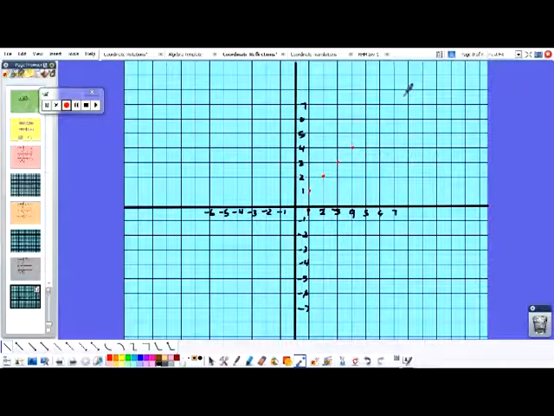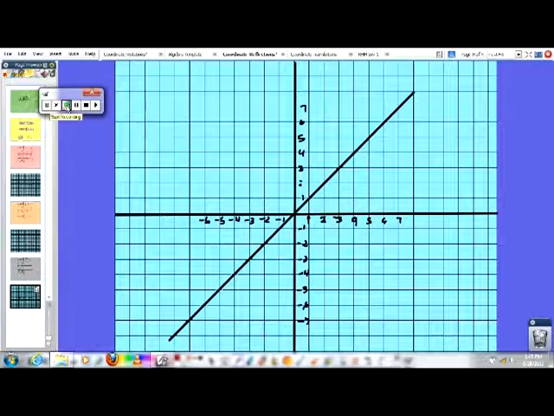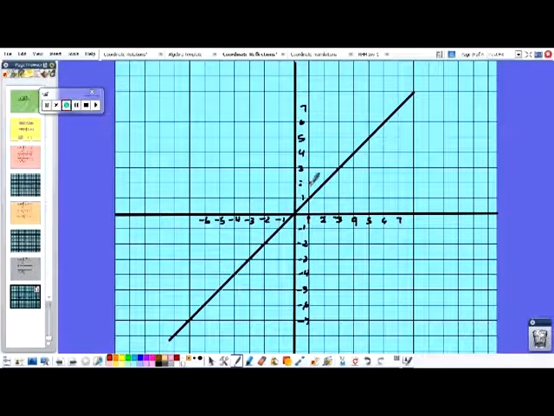So, that's my line of reflection. I'm going to use this to reflect across. The first point is at 1 comma 2 again, right there.